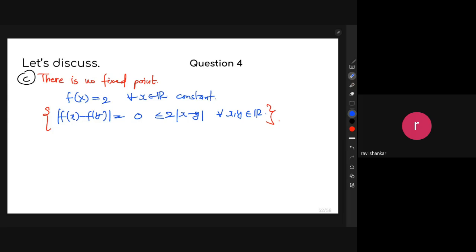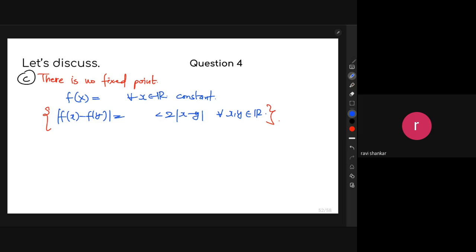Because this is a positive value, it always has to be greater than this thing. So the inequality of the question is satisfied. Oh, but this is also not a good example because it has one fixed point.